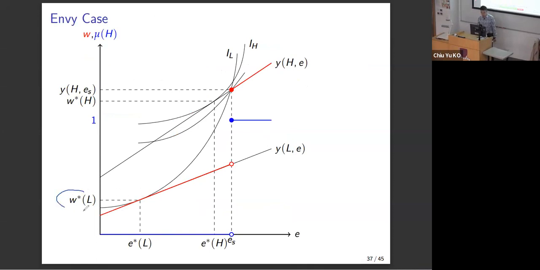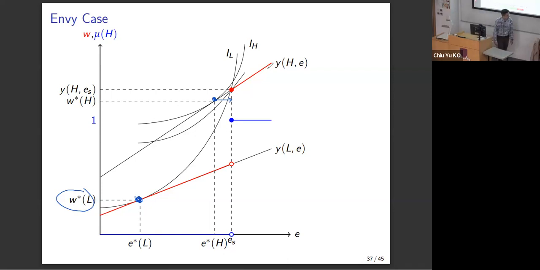The low type is expected to do the efficient thing here, okay? But the high type has to do extra. Suppose he is originally here, but he needs to do extra education so that the low type doesn't want to mimic. And that is the answer.